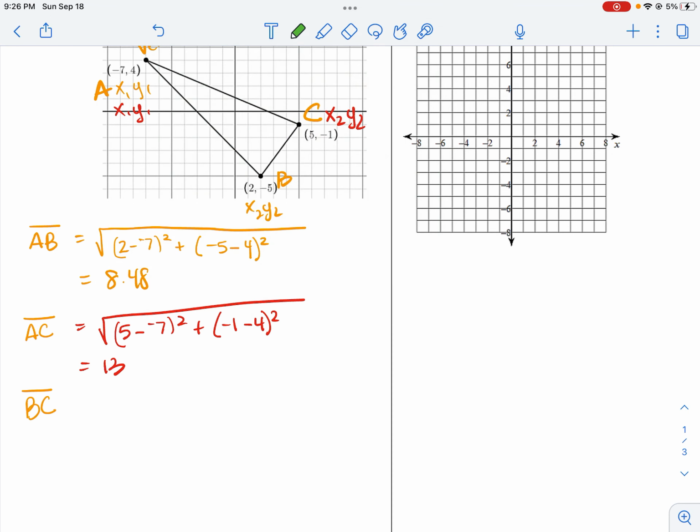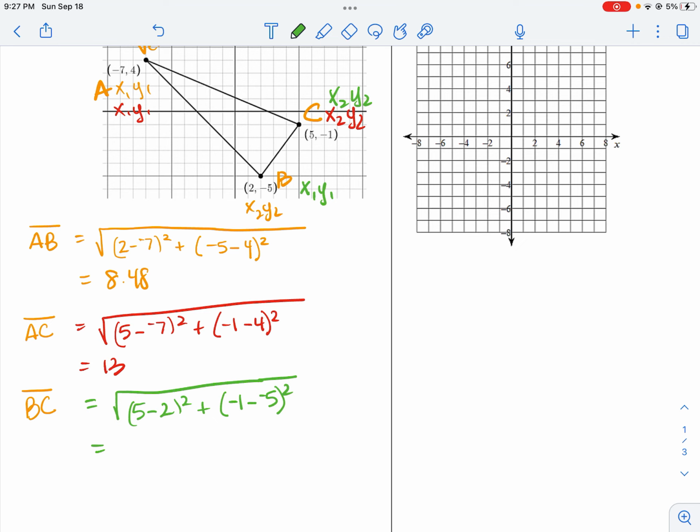And now we're going to do the final one, and we're going to call BC, or B, x1, y1, and C, x2, y2. So this is the square root of 5 minus 2 squared plus negative 1 minus negative 5 squared, 9 plus 16.